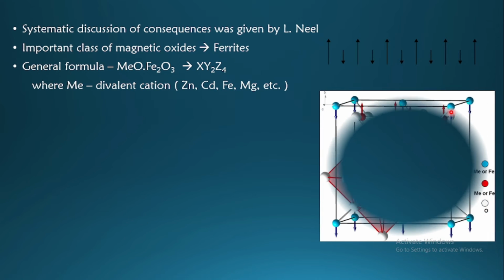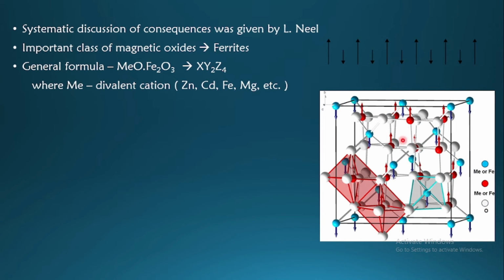One example with the crystal structure you can observe here. There are different types of atoms. This white atom corresponds to oxygen, and clearly we can observe that iron and the metal ion both have opposite spins.